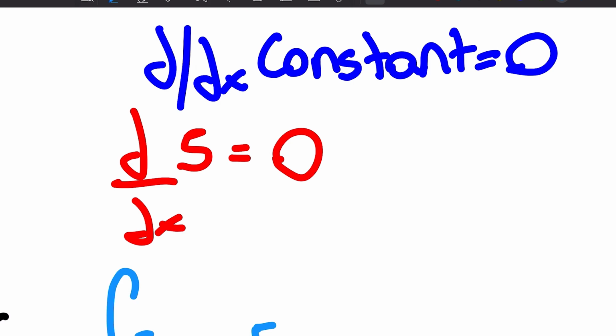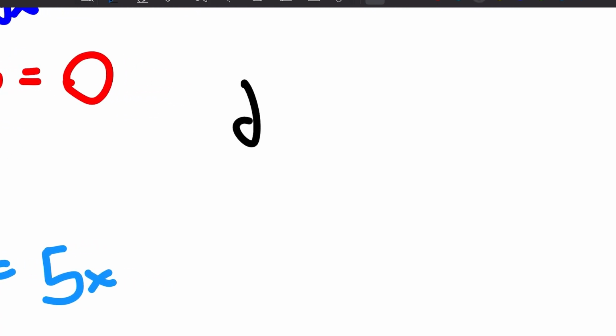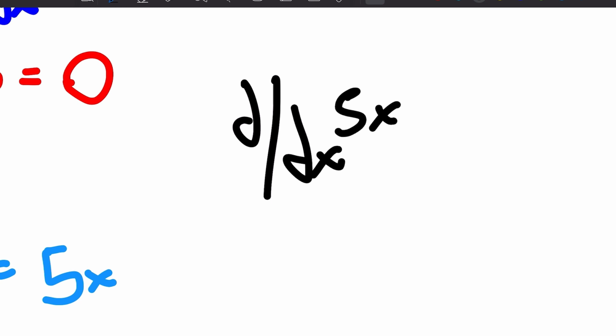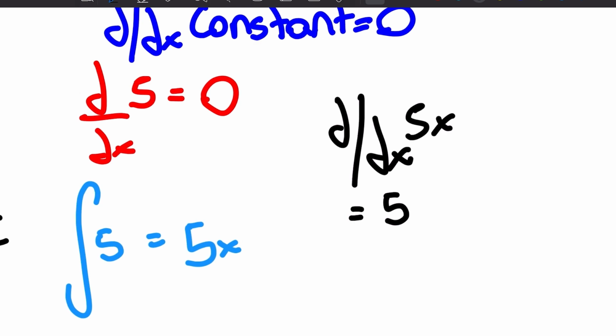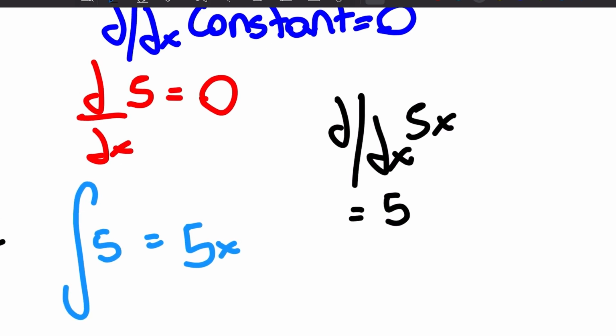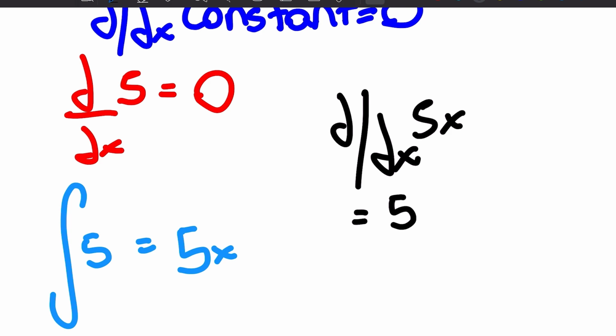Let's give an example, right? If we had d by dx of 5x, this would be equal to 5, right? So that means if we take the integral of 5, we should get back up to 5x.